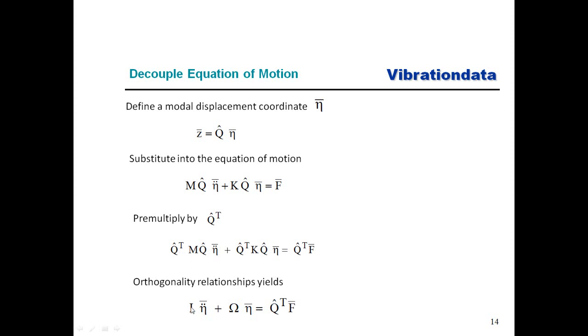One, we have a set of orthogonal or normal modes, and they have been scaled so that this term out in front of the modal acceleration is in fact the identity matrix. Then that gives us, for this matrix out in front of our modal displacement, a diagonal matrix with the eigenvalues, which are omega squared. Then we have our Q transpose times our forcing vector.